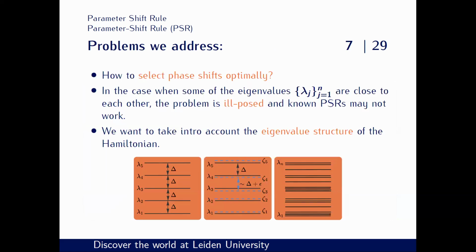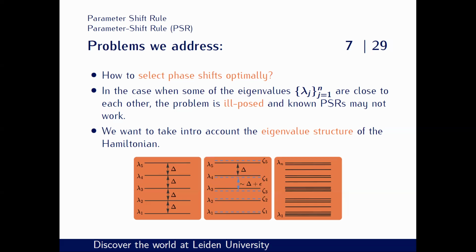So the question is how to select the optimal phase shifts, because we can see that nobody actually specifies this choice. They just say reasonable. What does reasonable mean? It's not mathematical. Second, we have different structures of eigenvalues for different Hamiltonians, and the general parameter shift does not take into account the differences of the structures. You can have a Hamiltonian with equidistant eigenvalues, or absolutely random eigenvalues, and they want to say that this is absolutely the same for them.